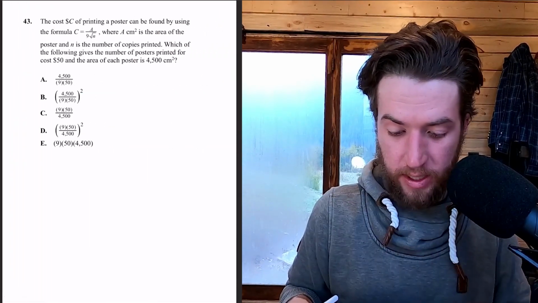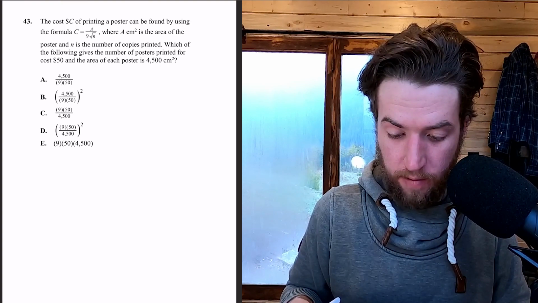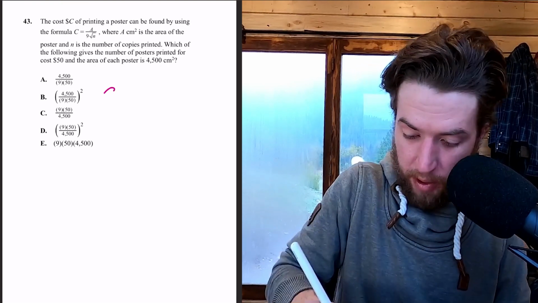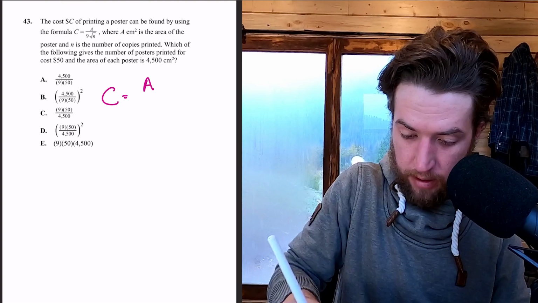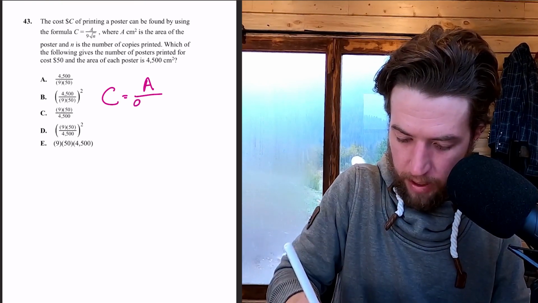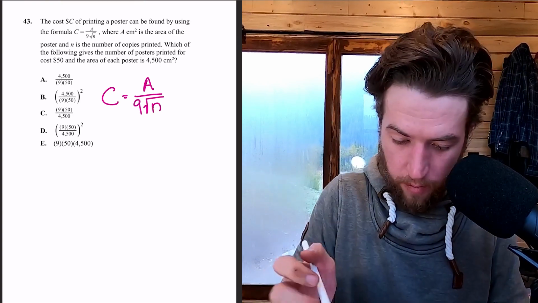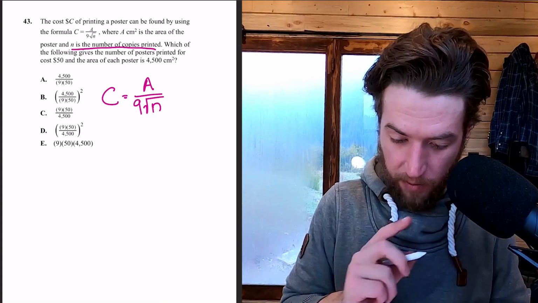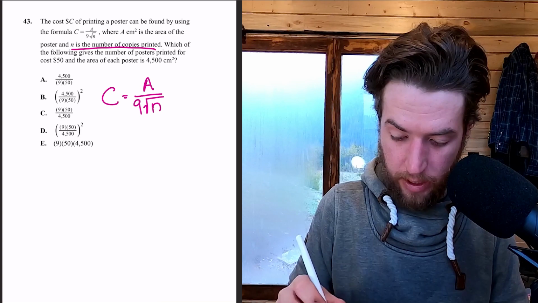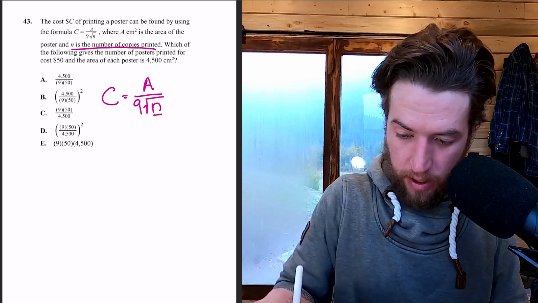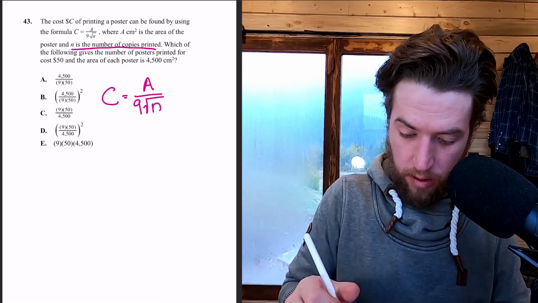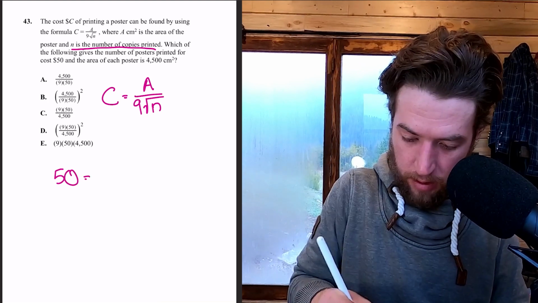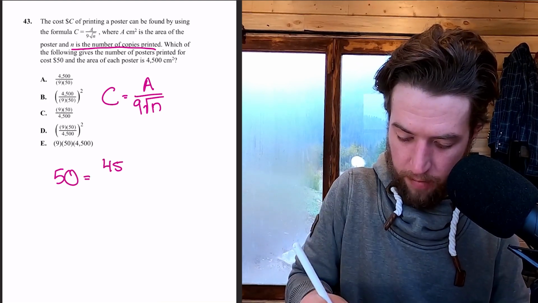All right. The cost, $C, of printing a poster can be found by using this formula. So the cost is area, I'm assuming A. Yeah, area over 9 root N, which N is the number of copies printed. Which of the following gives the number of posters printed? Oh, that's N. Okay. So the cost is $50. The area is 4,500.